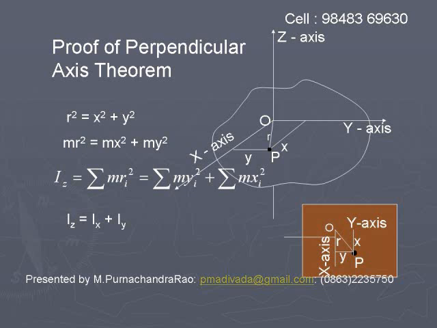But sigma myi square is Ix, sigma mxi square is Iy, hence Iz is equal to Ix plus Iy.